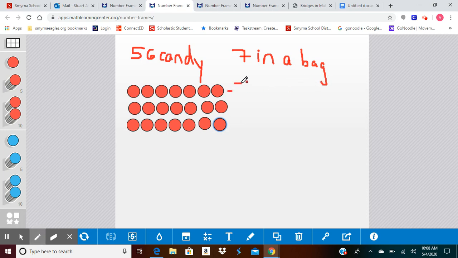So we're counting by 7s. So 7, 14, 21, if you're good at your skip counting. If not, you can count each row. So 21 is not close to 56 yet. We're getting there, but not where we need to be.